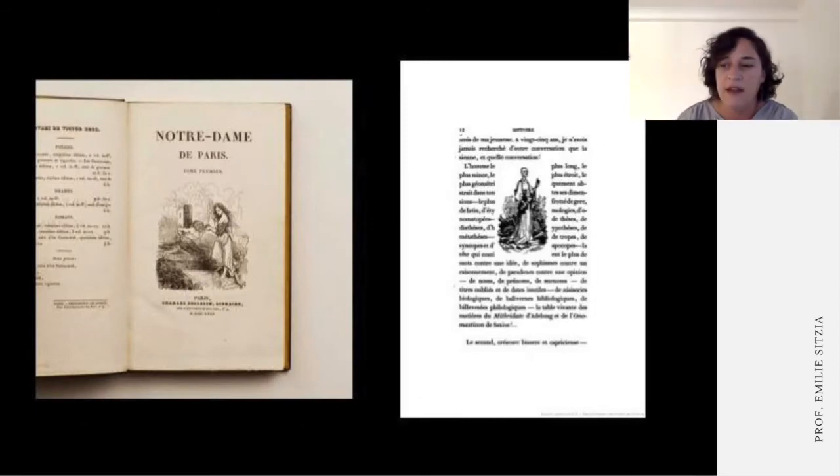So here you have a nice example. It's Johannot, who's quite a famous illustrator of the 19th century, who here modified the traditional setting of the page and integrated the image in the text of Charles Nodier's Histoire du roi de Bohême et de ses sept châteaux.